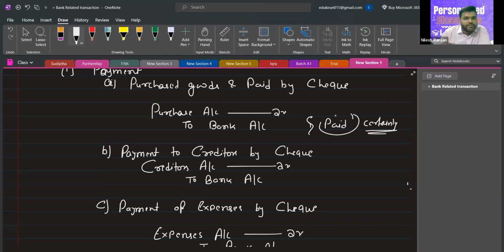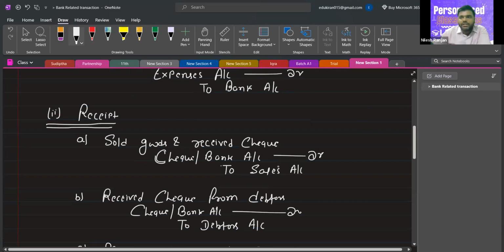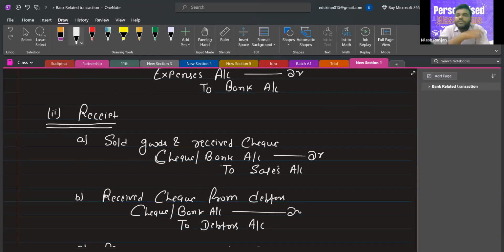But when we receive a check from someone, we only believe at the time of depositing or receiving the money. That's why we have doubt in mind whether the check will be received or not. That's why we write check or bank, both, in case of receipt.